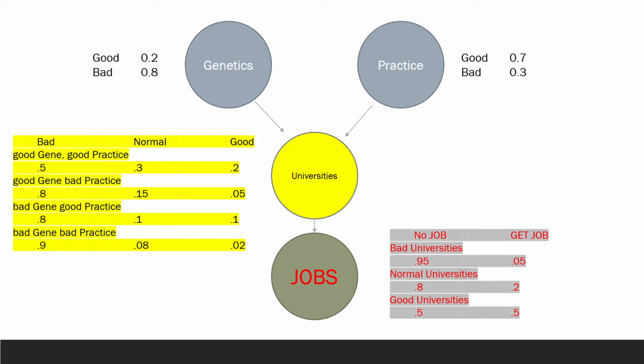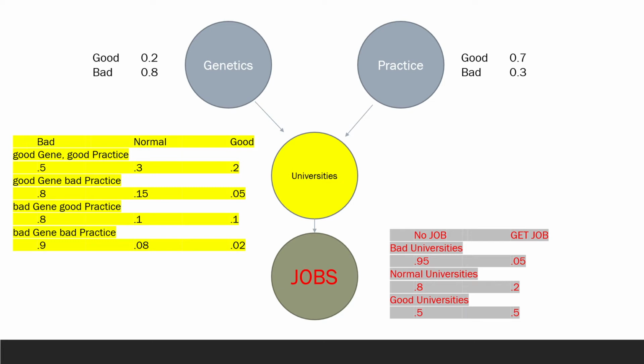For the next level, university will have three outputs: good, normal, and bad university. The input of university is represented by its index.